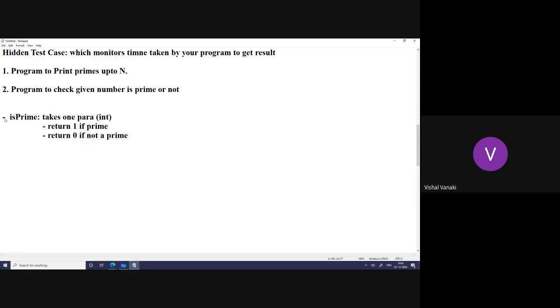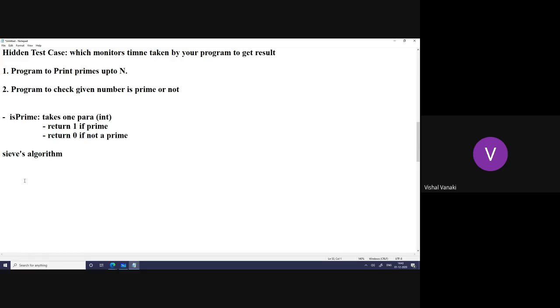That is what we will do. To implement this logic, we will use the Sieve algorithm to check whether the given number is prime or not.